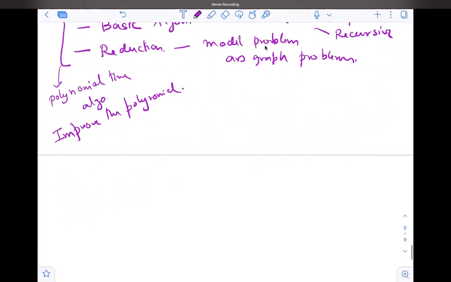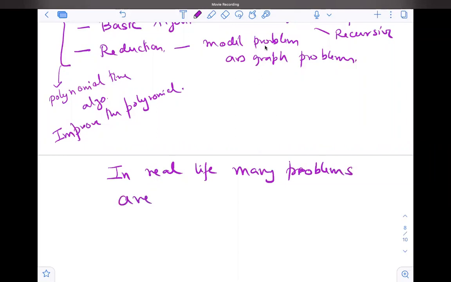the problem is that in real life, many problems are hard, meaning they are not in polynomial time.